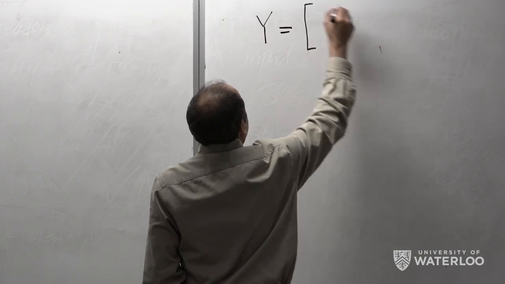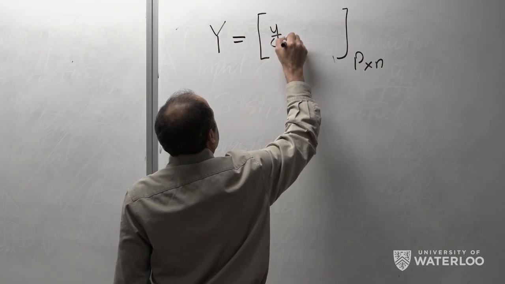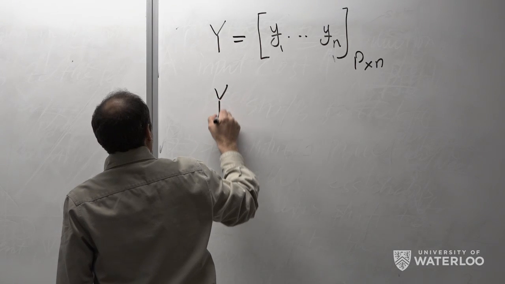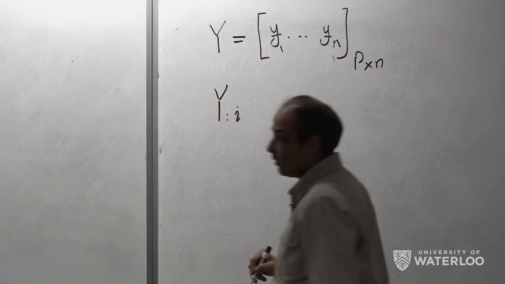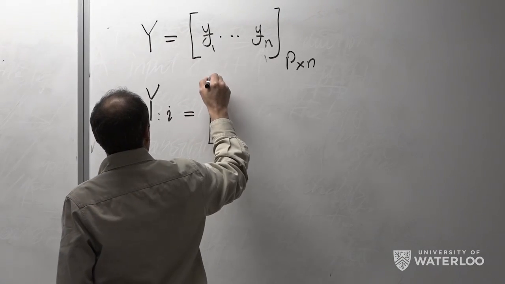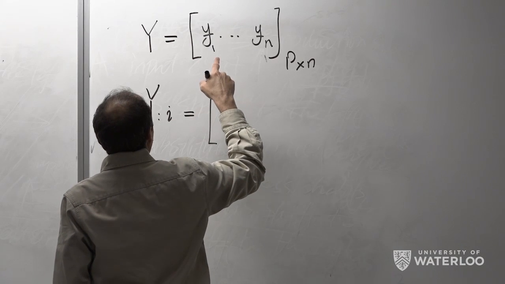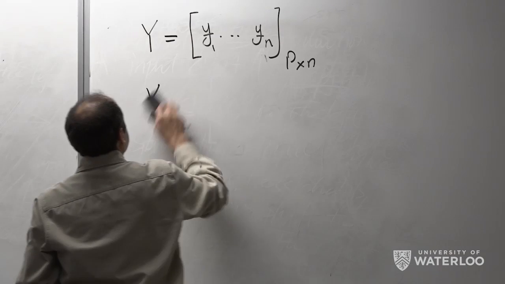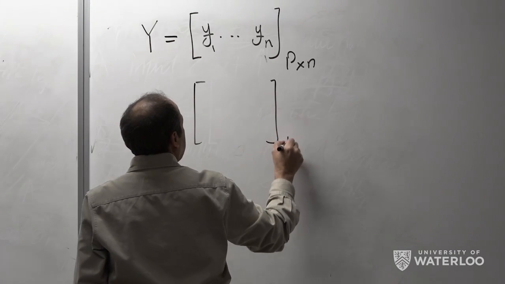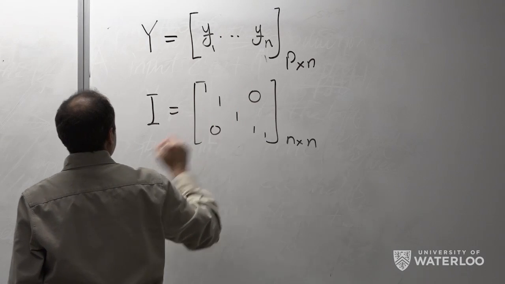y was a P by N matrix of N data points. Okay, I define I to be the N by N identity matrix.